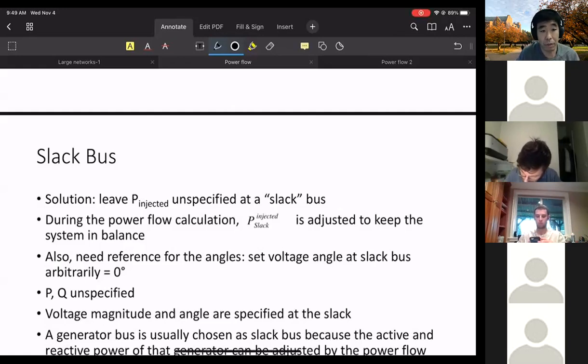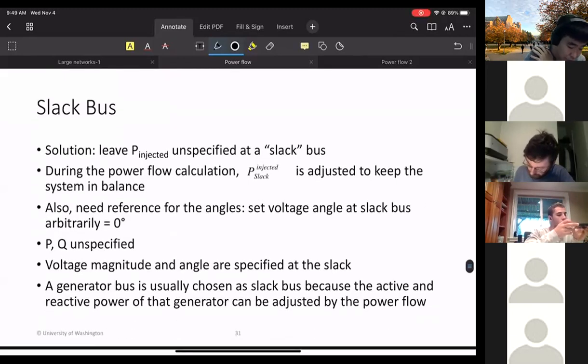This way, you can prevent yourself from running into infeasibility. So this can be whatever the system needs it to be to have a feasible system.